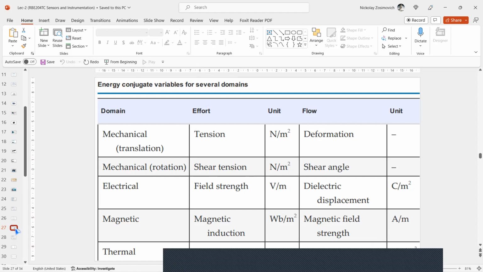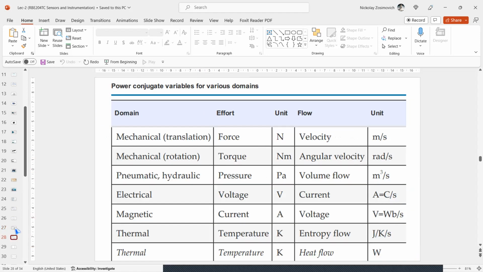Okay? Comparing these pairs with the groups from other categories given previously, we can make the following observation. The quantities E, D, B, H, T, and S are vector variables, whereas sigma and theta are scalars, therefore often denoted as delta sigma and delta theta, indicating the difference between two values.